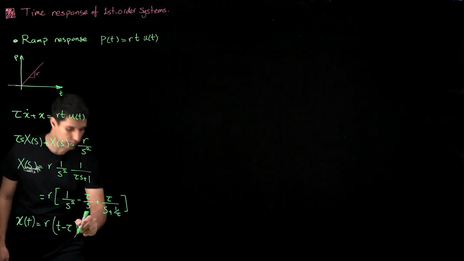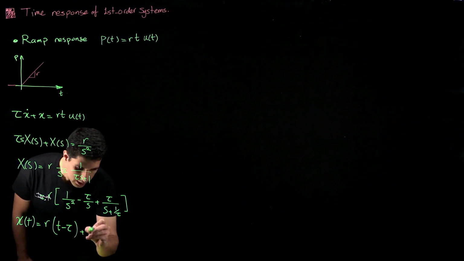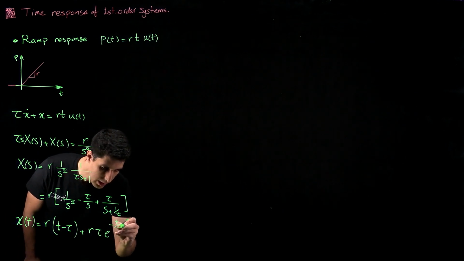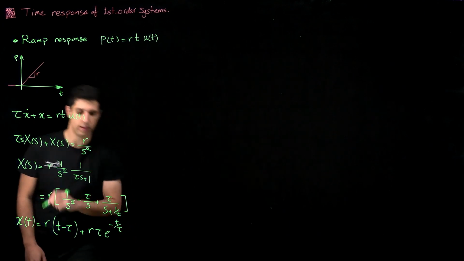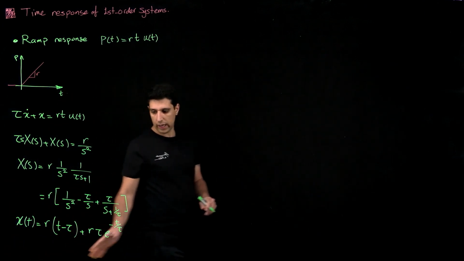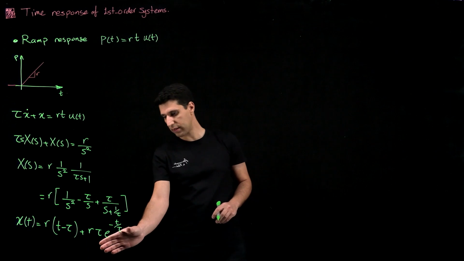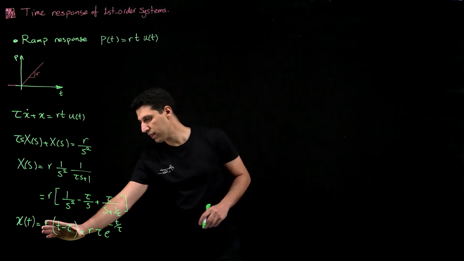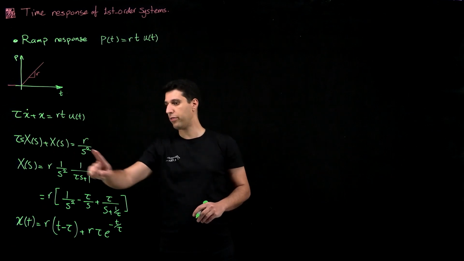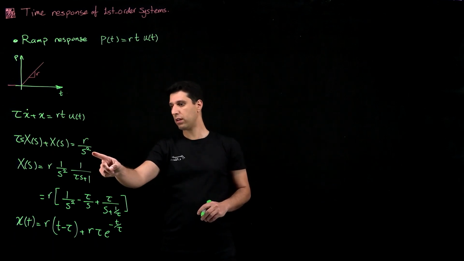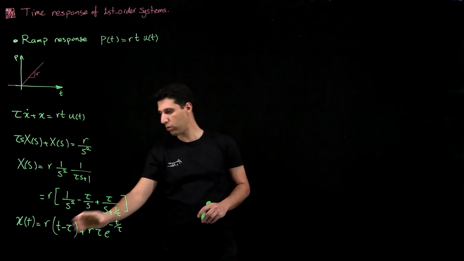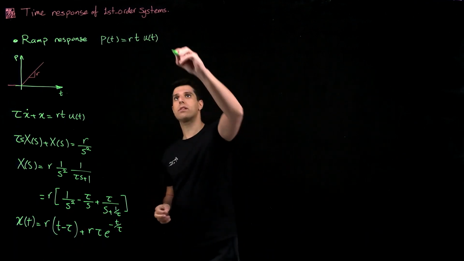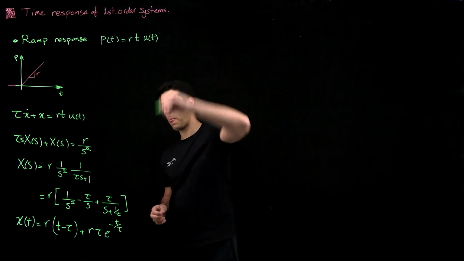These are the first two terms, plus r tau e to the minus t over tau. And again, you see this characteristic shape showed up regardless of the input. But now, because of input having other poles, we have new terms or new shapes of the response.